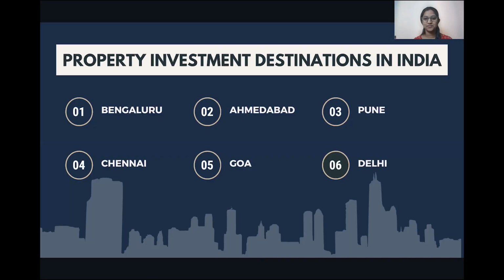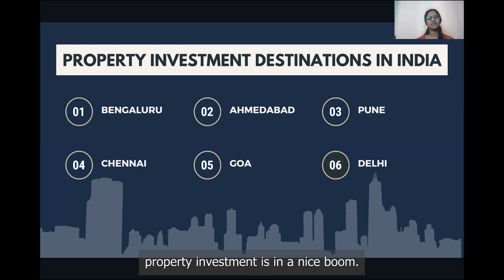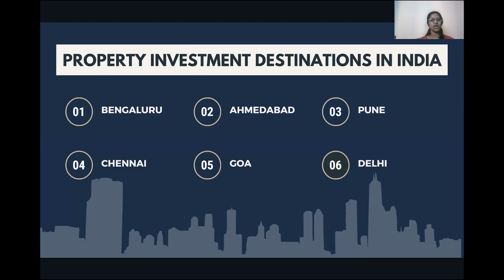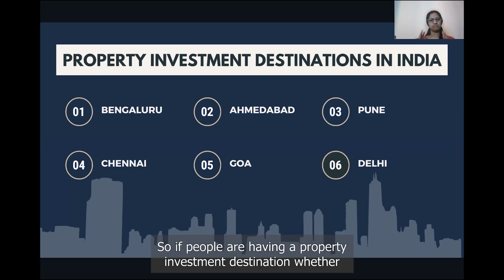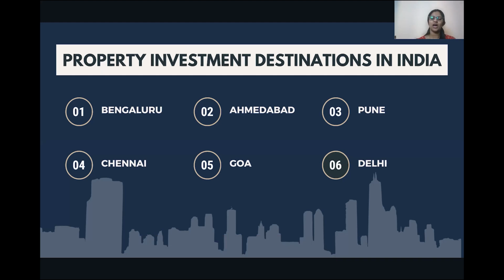So here are a few major metropolitan cities, or the tier 1, tier 2 cities, I can call them, where property investment is in a nice boom. People with a property investment destination, whether they are sitting in Delhi and want a property in Bangalore or vice versa, all of this is happening now.